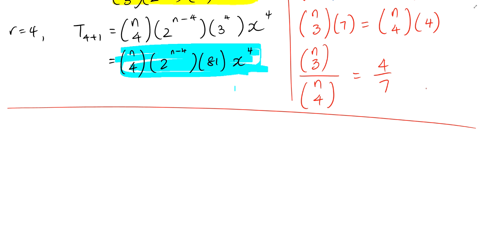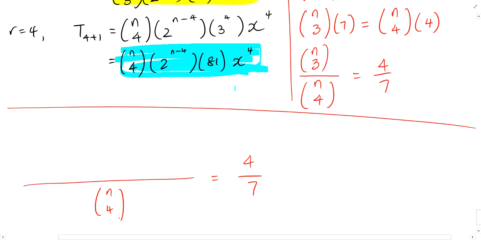Okay, so what is n choose 3? Let me put it down over here. So this equals n choose 4 over n choose 3 equals 4 over 7. Let's start with the numerator. We know it's going to be a fraction, right? Do you want to start with the numerator or denominator? Denominator. What's in the denominator? 3 terms. What about the numerator?